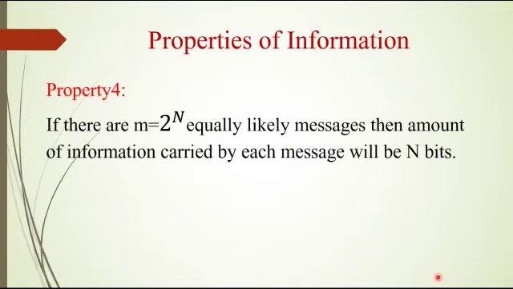The last property, the fourth property, is: if there are m equal to 2 to the power n equally likely messages, then the amount of information carried by each message will be n bits. Here the number of messages m equals 2 to the power n and the amount of information I equals n bits. So let's prove this.